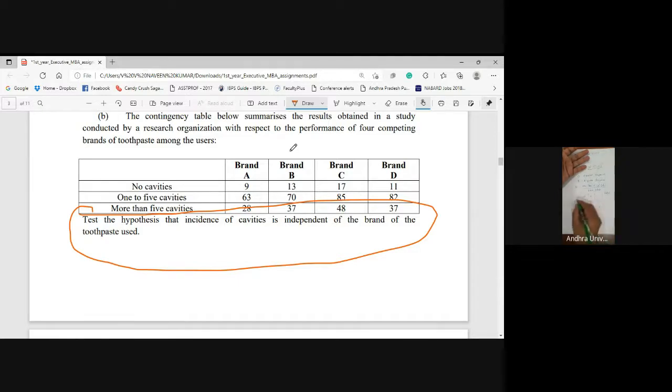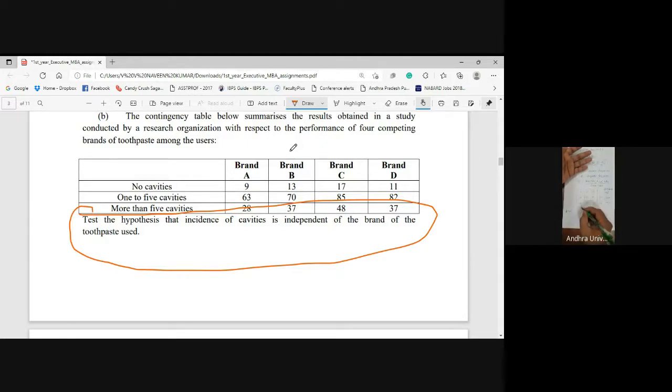Tell me each row total. These are row totals. These are column totals. First row, 9, 13, 17, 11, what is the total? 50. What is the second row total? 300. What is the third row total? 150.